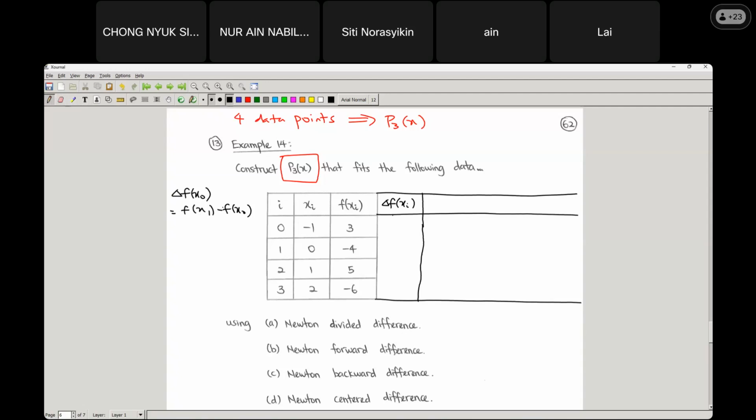Okay. Now here, what you're going to do is this one. The formula is this one divided by x1 minus x0. Okay. So maybe I write it like this. If you want to create this table, you can go ahead.